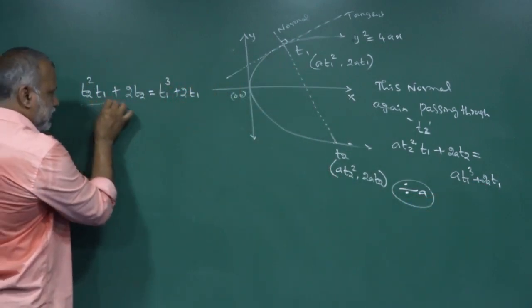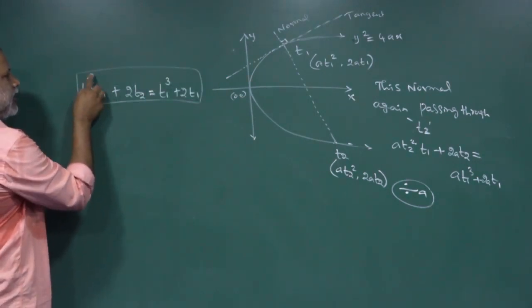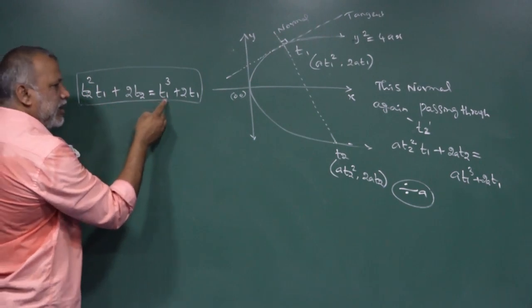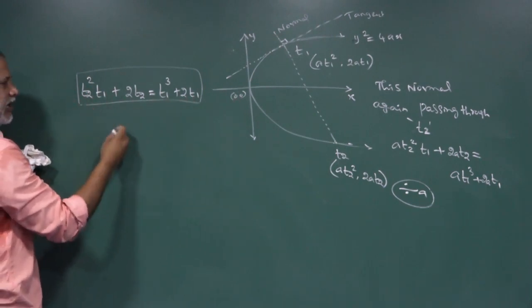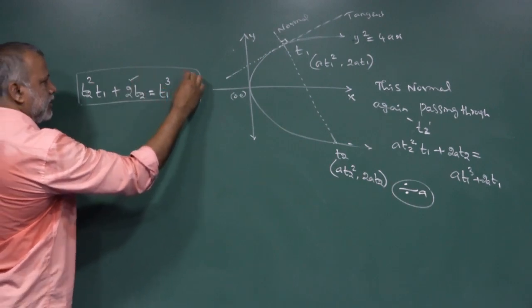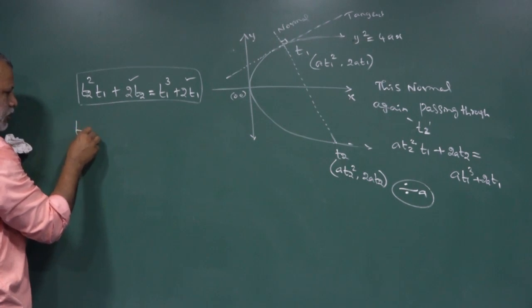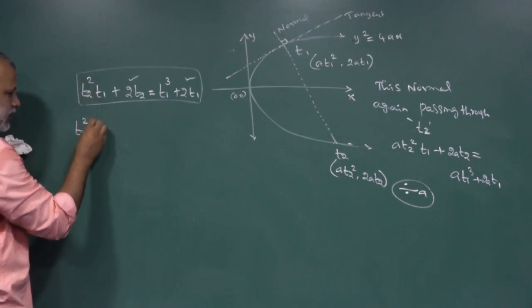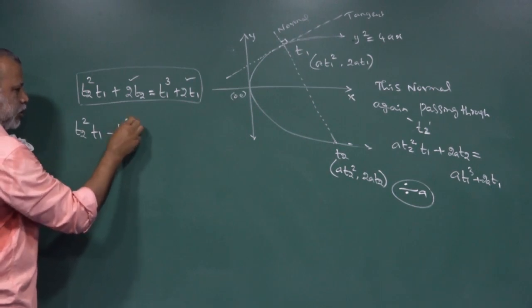Now listen to this equation. Here t2 squared t1, so it must be a cubic. Here also we are getting one more cubic. Convert the cubic terms into the same family. The remaining 2t2 here and 2t1, convert into the other side. So I am converting: t2 squared t1, and convert this one, minus t1 cube.